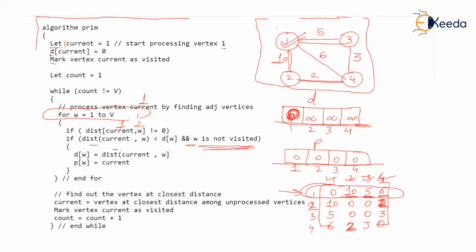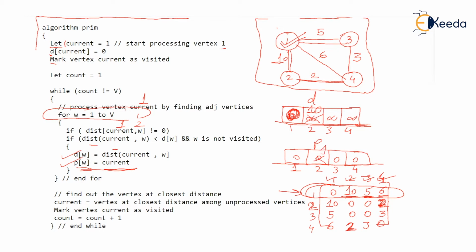Hence both the conditions are true. So we will update two values now. We will update dW and we will update pW. That is, d2 will become equal to 10. Look, I am updating d2. Check the D array. The D array is updated in such a way that d2 becomes 10 and p2, observe p2, that is pW, becomes current, that is p2 becomes 1.